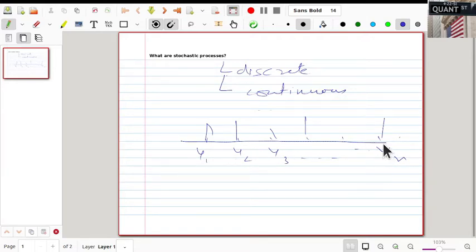The distribution that we see for yn, irrespective of the distribution for the previous values, is called the marginal distribution.